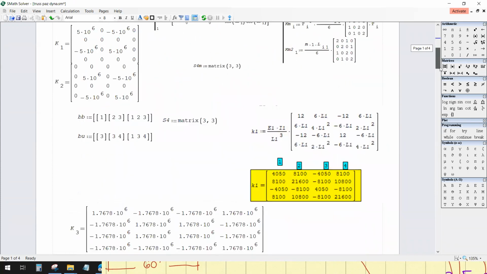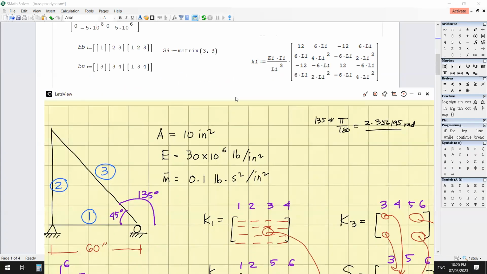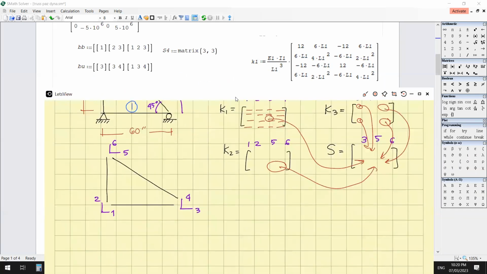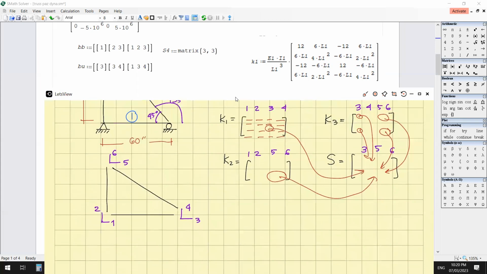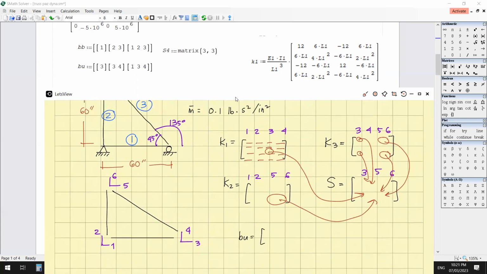About the BU matrix, one of the critical requirements in my code is the BU and BB matrix, because of the addresses. For member 1, we took code 3, which is the third, so that is 3.